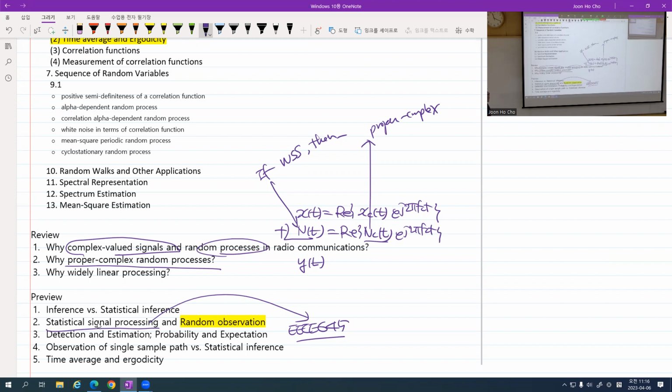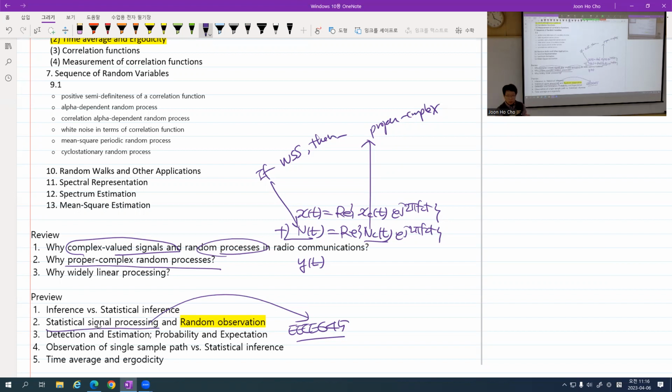Okay, anyway. By the way, why did I talk about widely linear processing? Because the idea is this one. We want to build an electrical system that is mathematically modeled somehow. The simplest system is what? The input is linearly mapped to the output, or linear plus some constant, which is an affine transform, right?